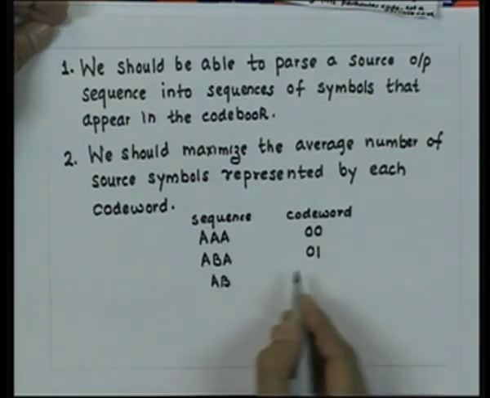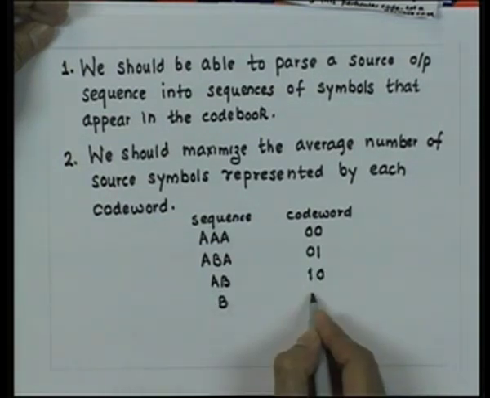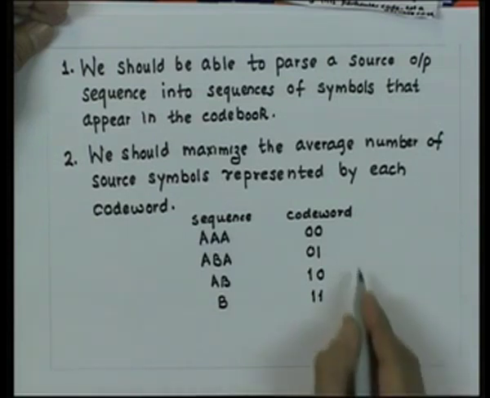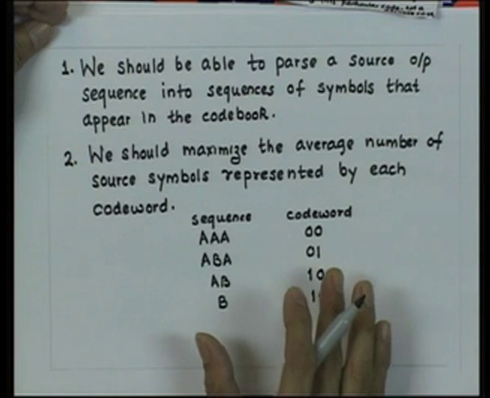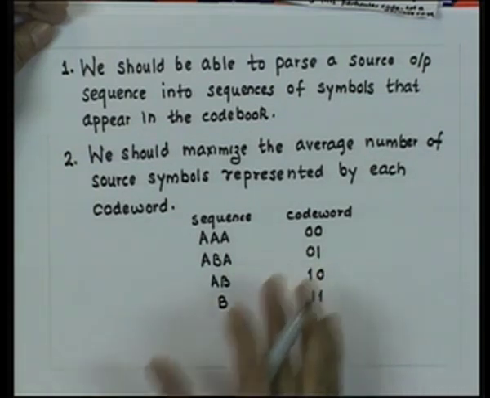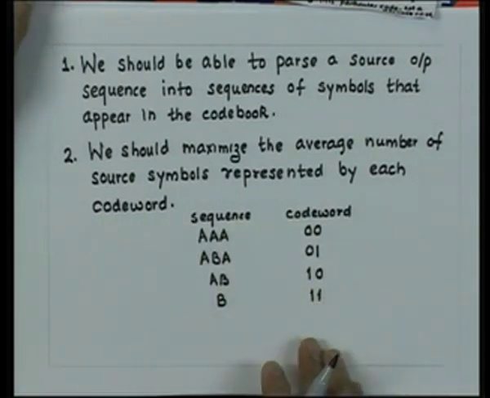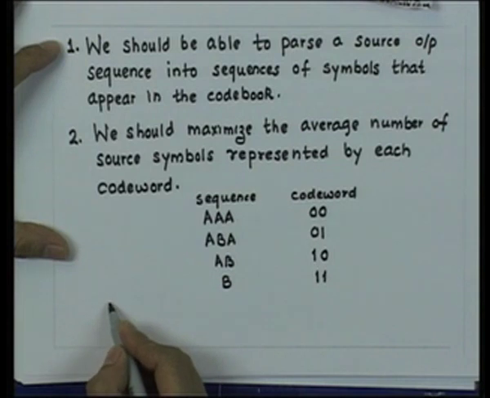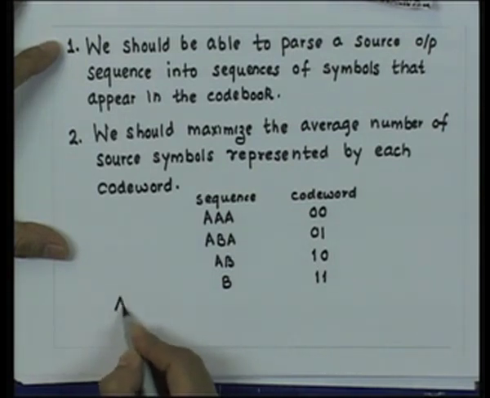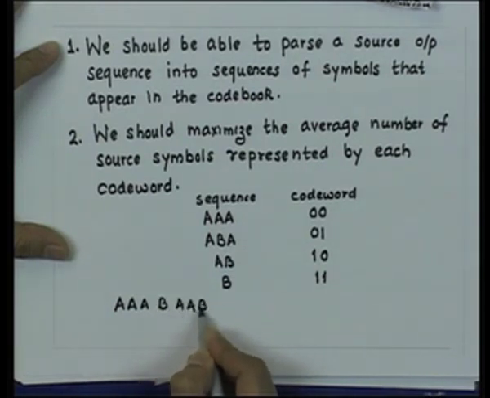AB, I have 10, and B, I have 11. Now, actually this is an example of a 2-bit non-Tunstall code. Let us see, if I have a code of this form, then can I represent the original sequence which I had considered earlier, of the form AA, B, AA, B.